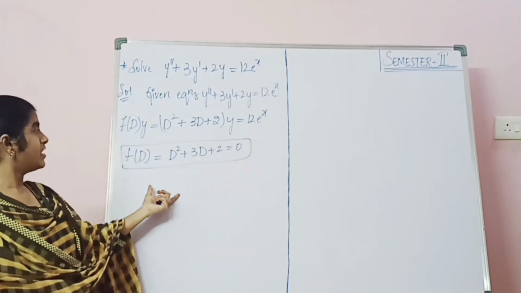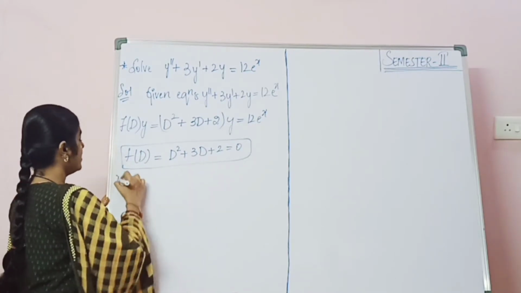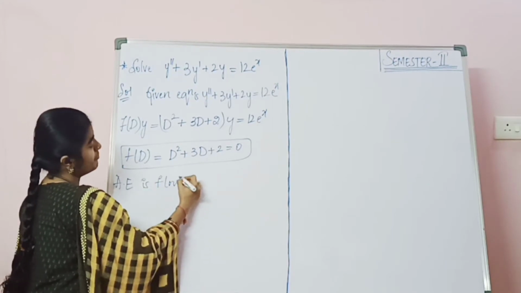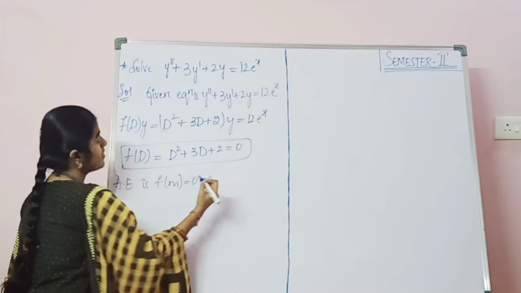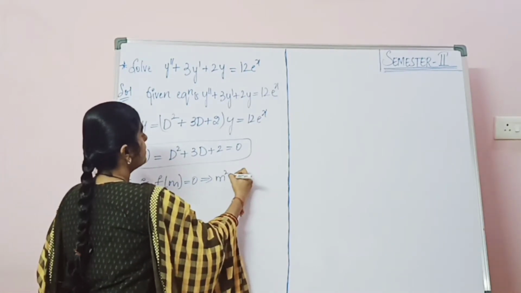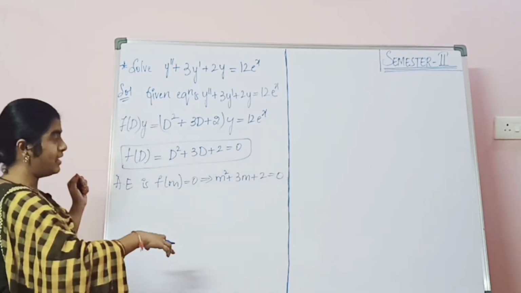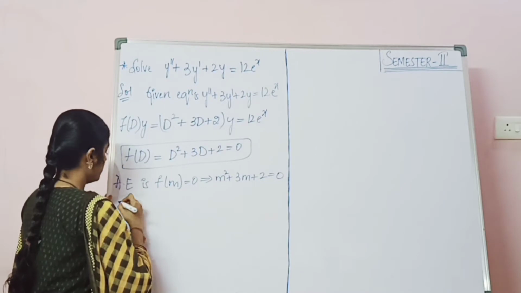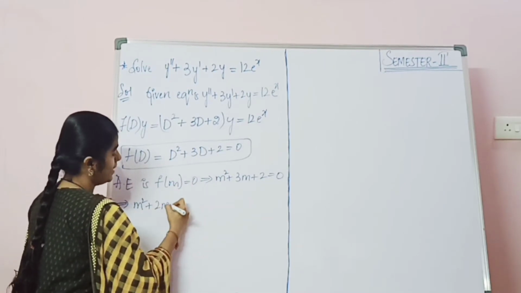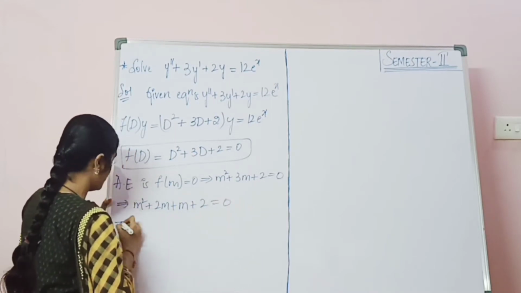After writing the operator form, we have to write this equation in the auxiliary form. So what is the auxiliary equation? Auxiliary equation is f of m equals 0. We are substituting D equals m. So m square plus 3m plus 2 equals 0. So now let us factorize this. How we can factorize this equation? m square plus 2m plus m plus 2 equals 0.